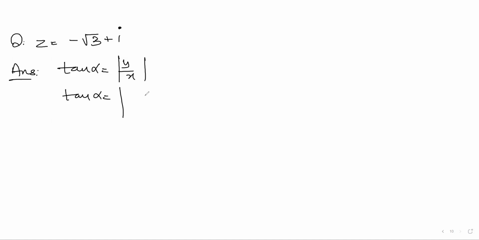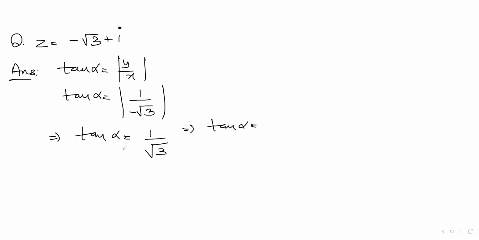Sir, x is minus root 3. Very good, and y is 1. So we will get tan of alpha is equal to 1 by root 3. So tan is 1 by root 3 for which angle?